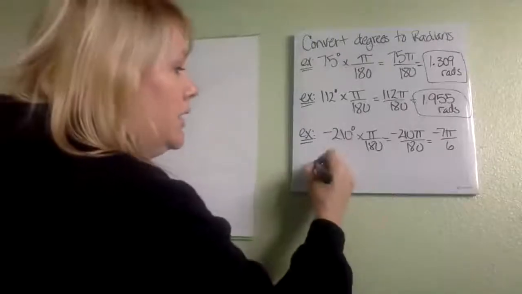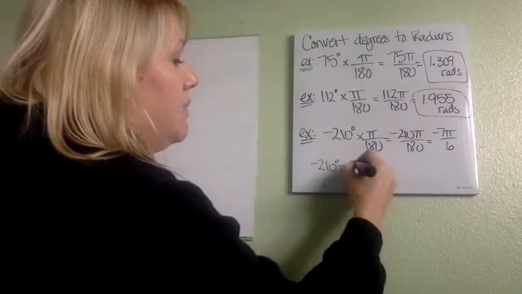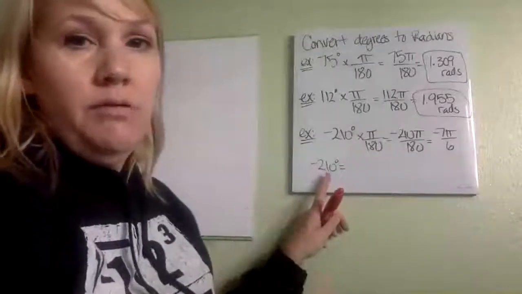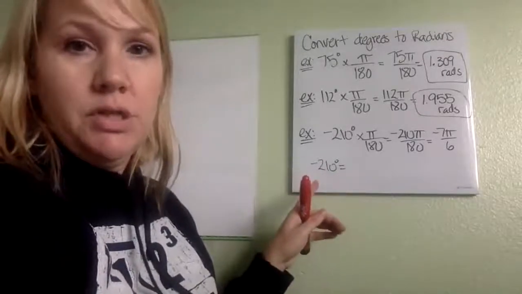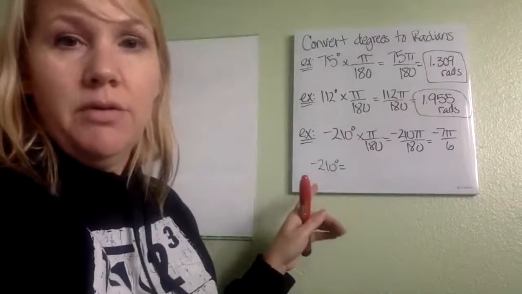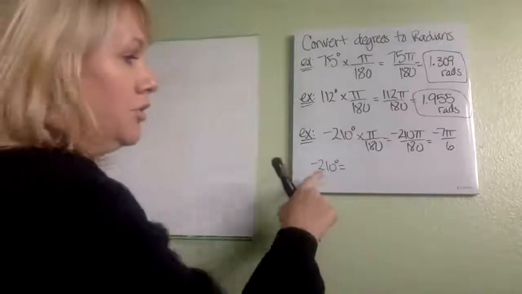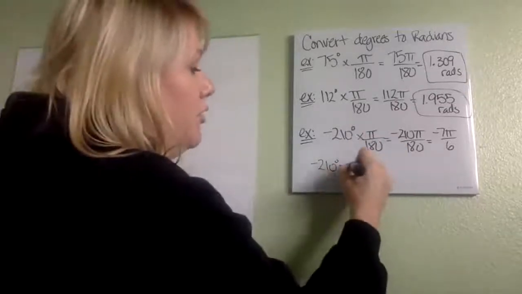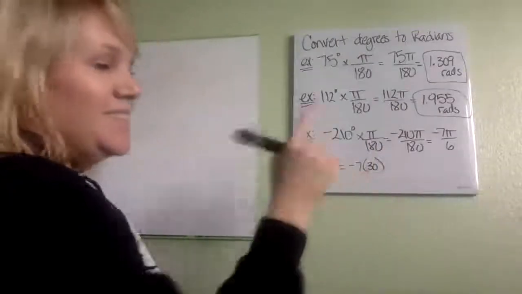I could also think of it in a shortcut way. Of the angles we talked about, 90 is pi over 2, 60 is pi over 3, 45 is pi over 4, and 30 is pi over 6. 210 is the same as 7 times 30.